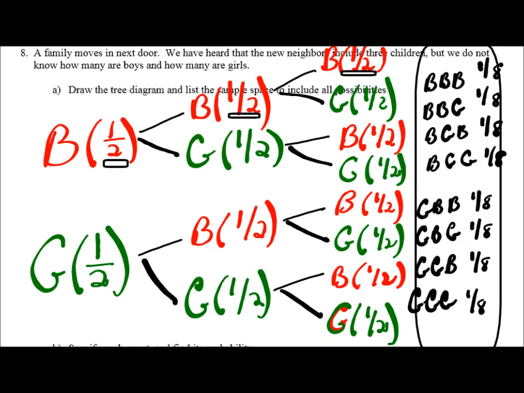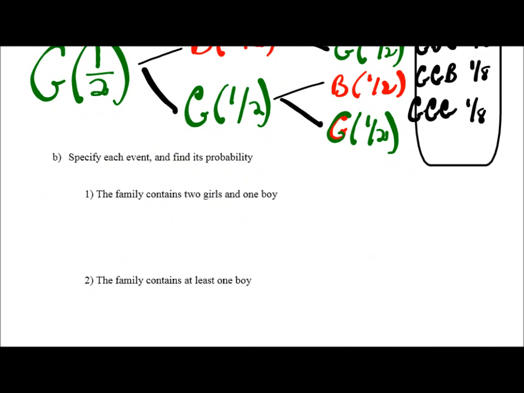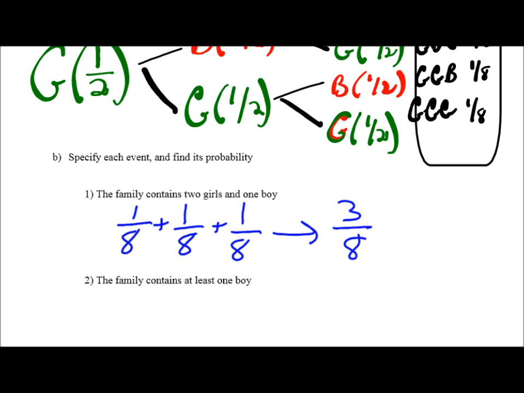And so all I've got to do now is go down and say, okay, 2 girls and 1 boy. Well, that was 1/8 plus 1/8 plus 1/8. And so we add those up. There's a 3 out of 8 chance that the family has 2 girls and 1 boy.